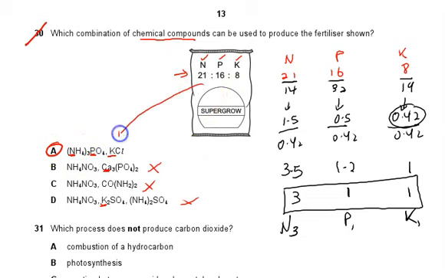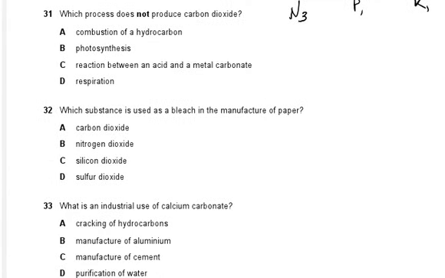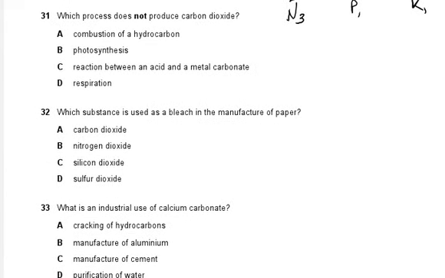So other than this, we can also use this calculation method. Okay, for number 31, which process does not produce carbon dioxide? So respiration, they do produce. Reaction with acid and metal, yes, they do produce salt plus carbon dioxide and water.